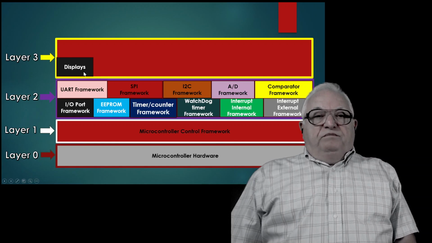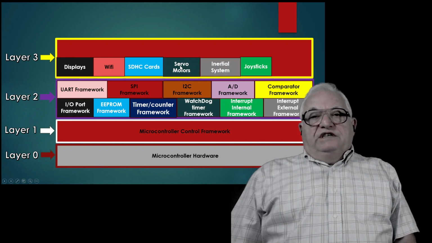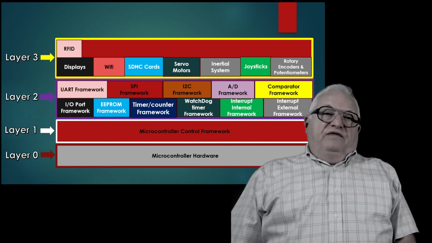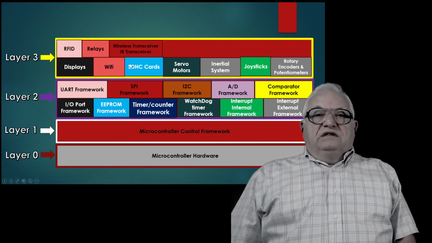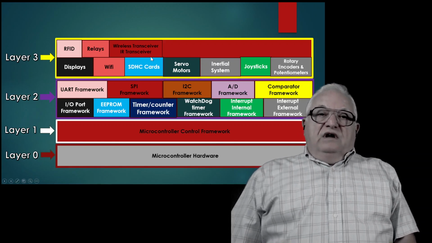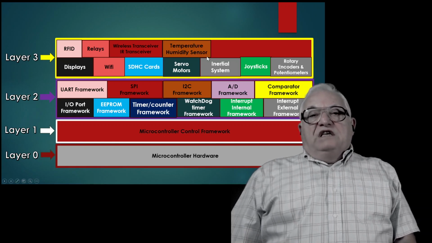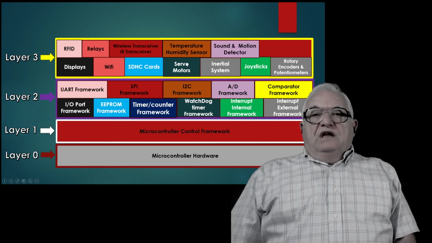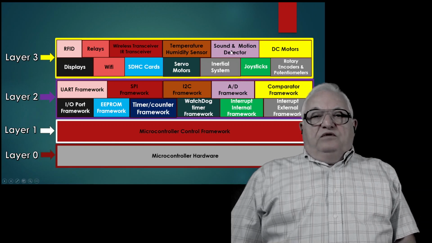So we'll have displays, Wi-Fi, SD cards, servo motor, inertial systems, joysticks, a rotary encoder, potentiometers, RFID, relays, wireless transceiver, and also IR transceivers. We'll have temperature, humidity sensors, sound and motion detector, and finally DC motor.